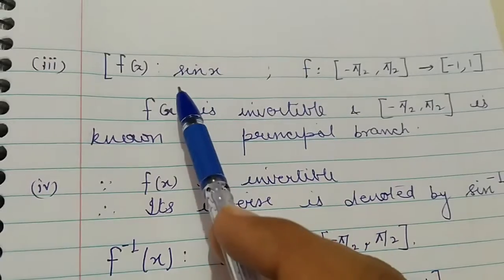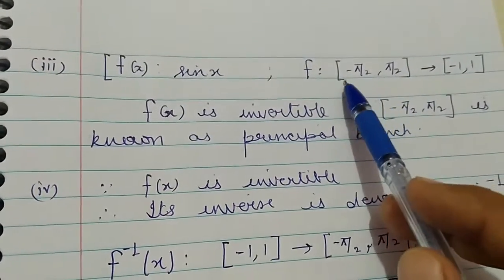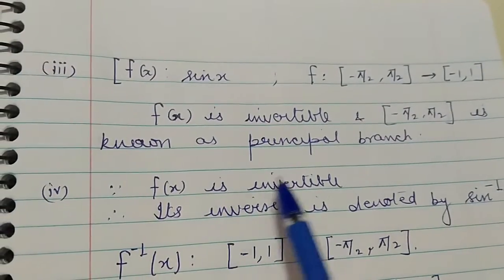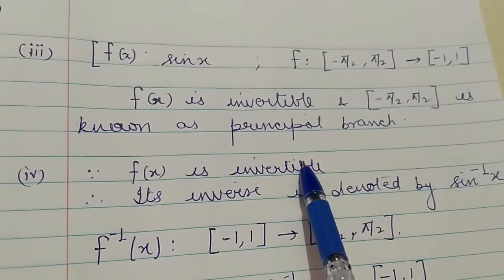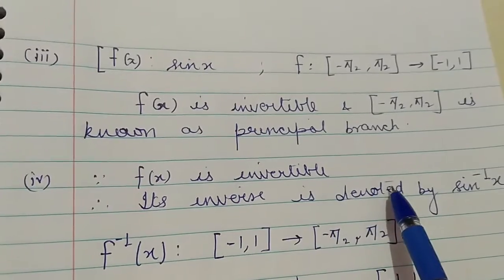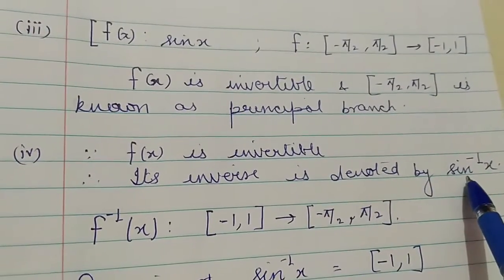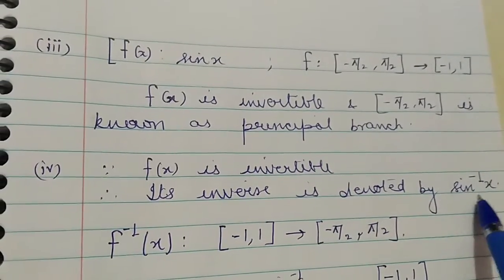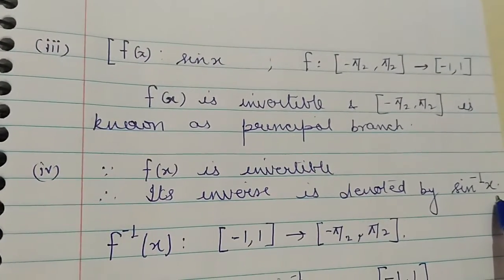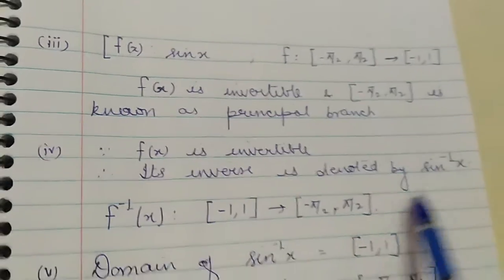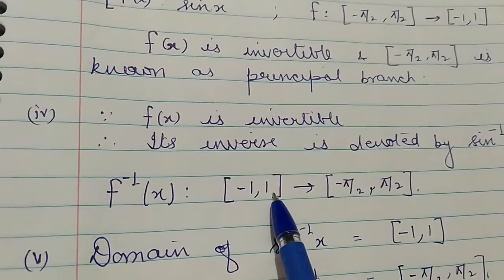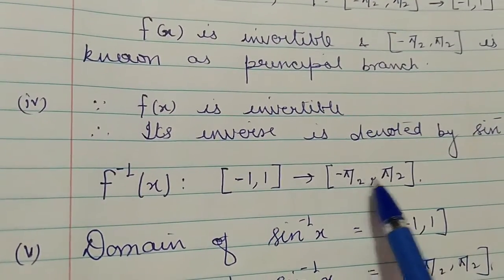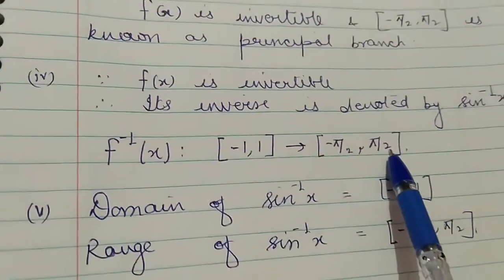Now, since f(x) equals sin x, under these conditions, is an invertible function, the inverse of this function will exist and it is denoted by sin inverse of x. This is the inverse trigonometric function whose domain is -1 to 1 and the range of this function is -π/2 to π/2.